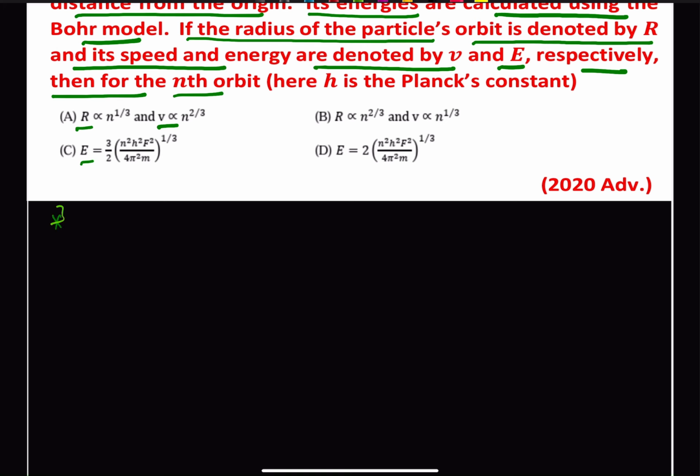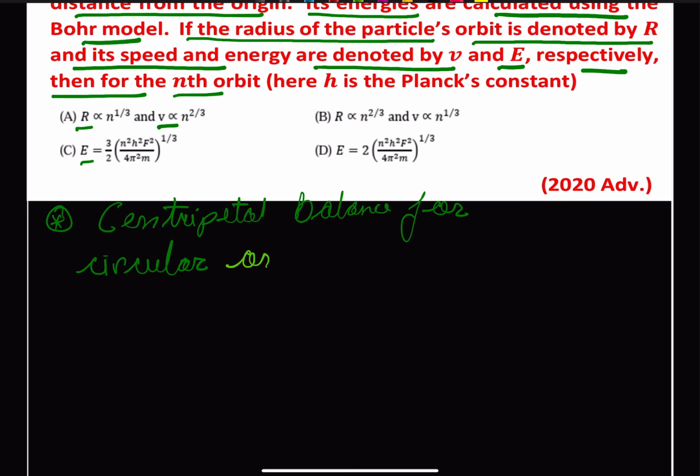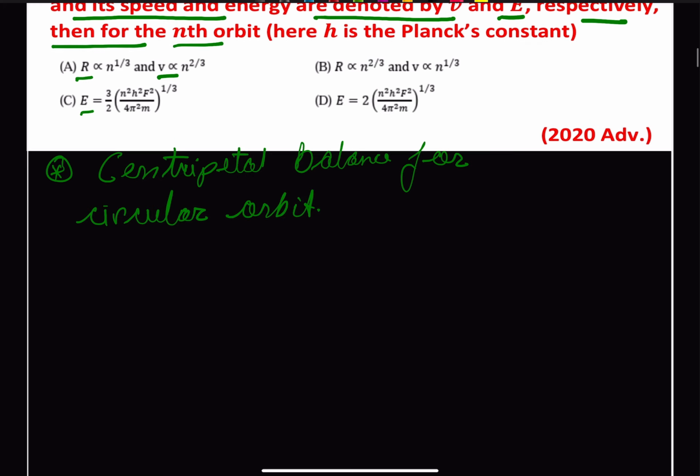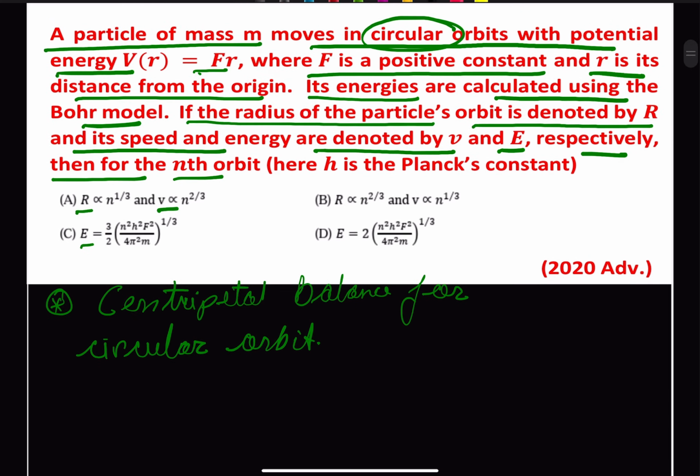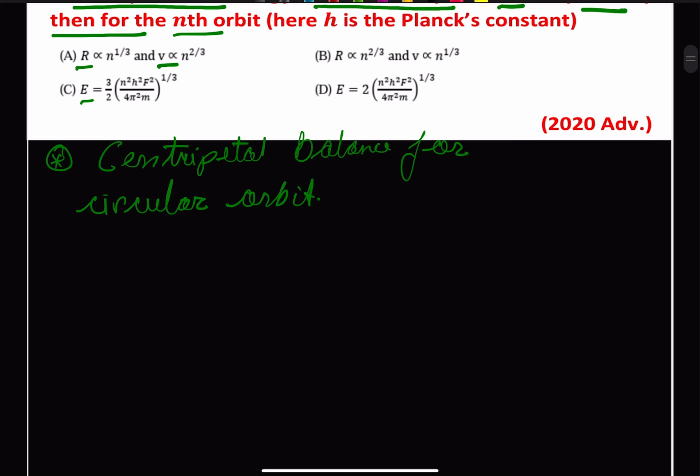Therefore we can say centripetal force balance for circular orbit, and there is a force, positive force acting on it.